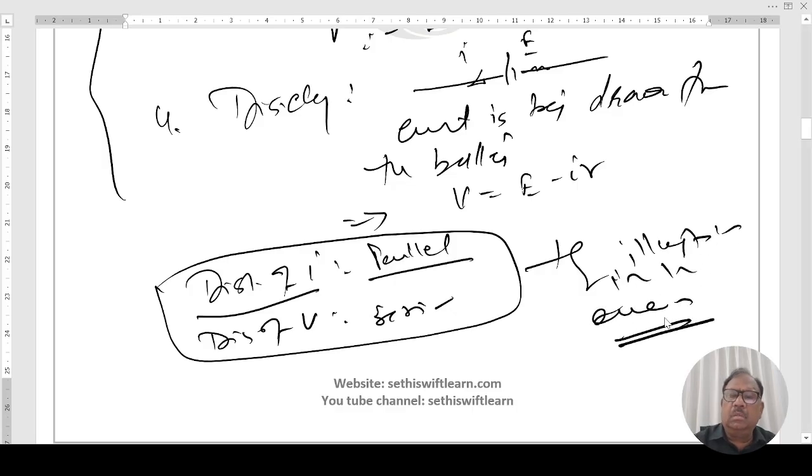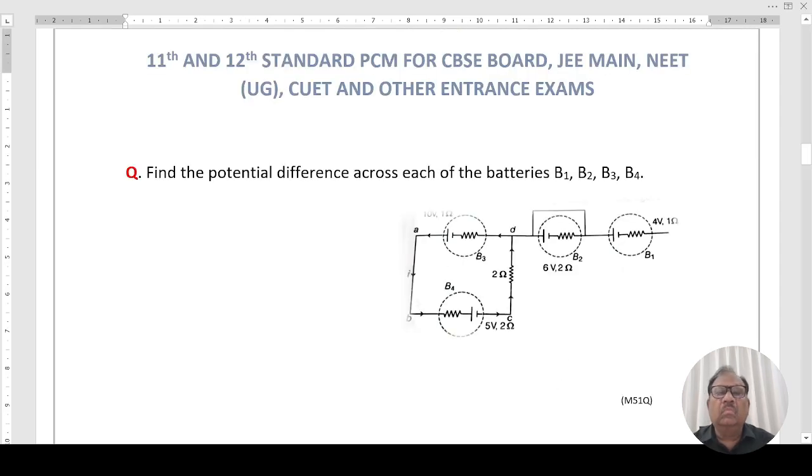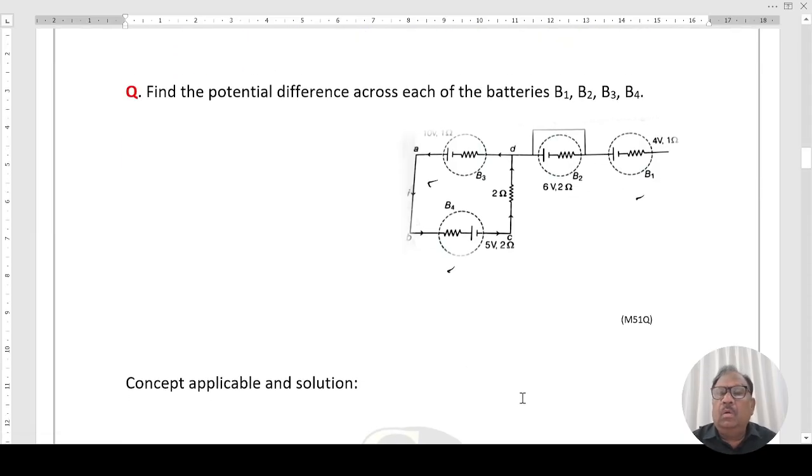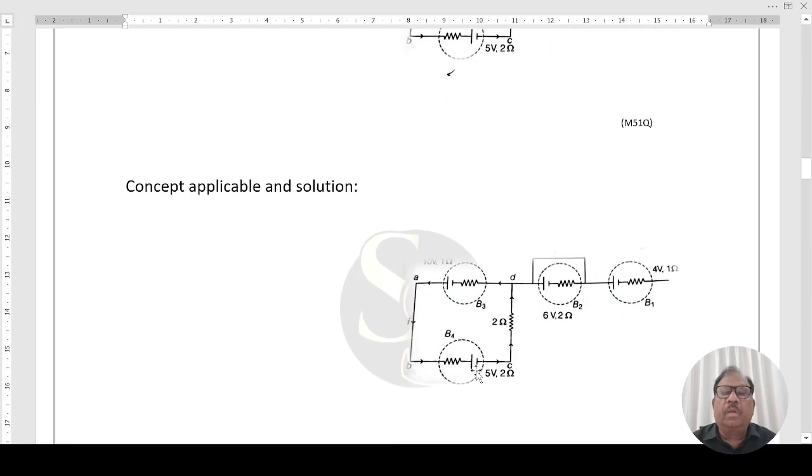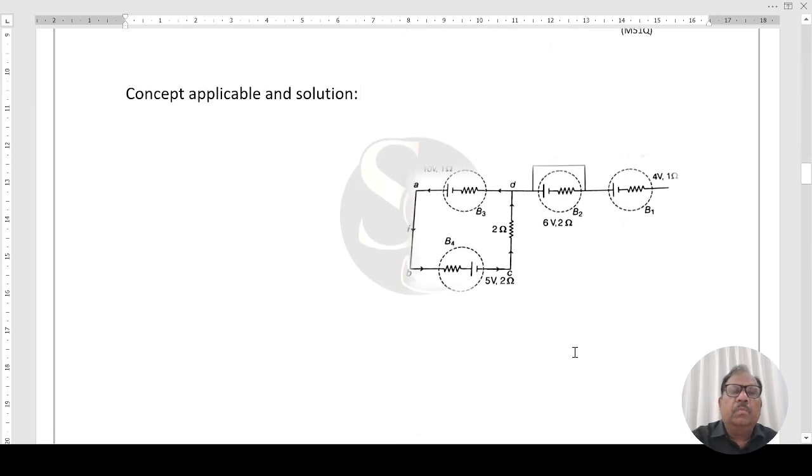Now, start with the question. Question is, find the potential difference across each of the batteries B1, B2, B3, B4. Now, concept applicable and solution.